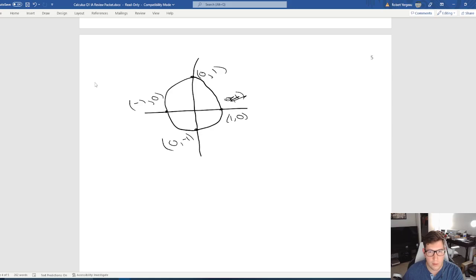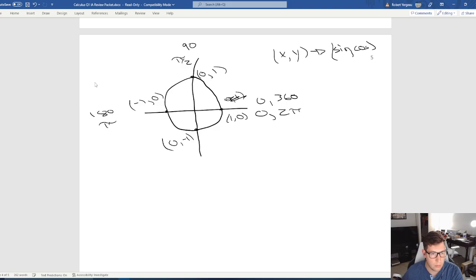Anytime we think about this, we always want to remind ourselves that an x and y coordinate on a unit circle is a cosine, comma, sine value. And so we also want to remember we have 0 or 2 pi, same thing as 0 and 360. We have 90 or pi over 2. We have 180 or pi. Then we have 270 or 3 pi over 2.